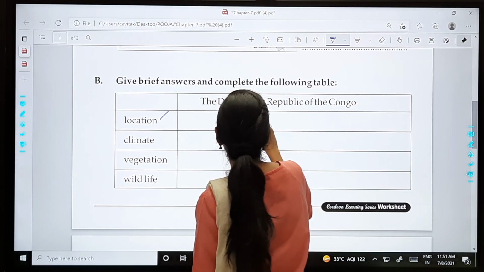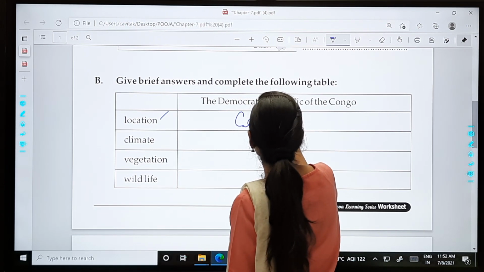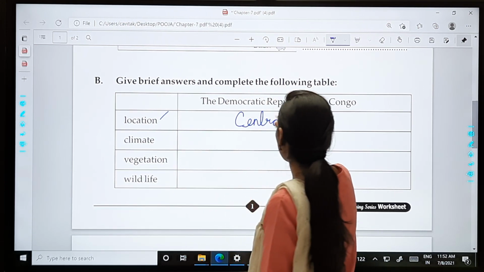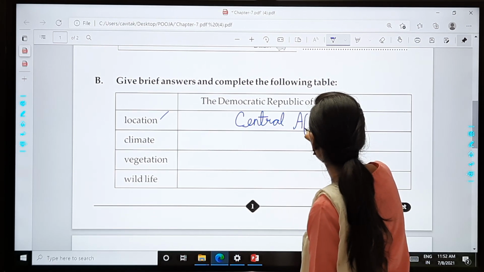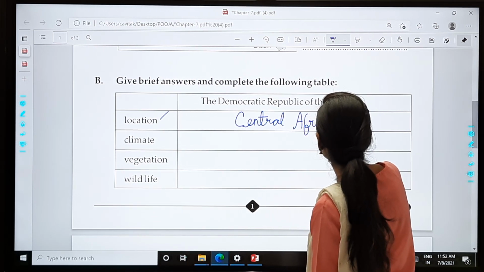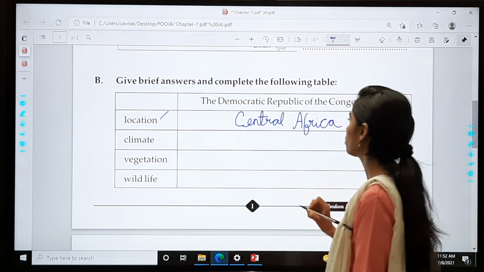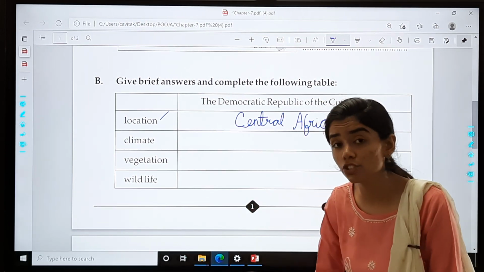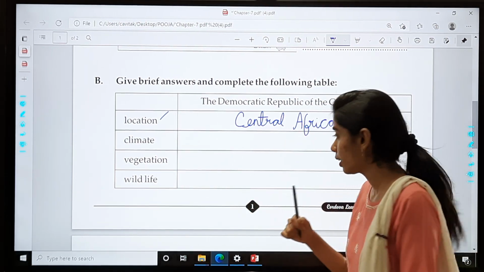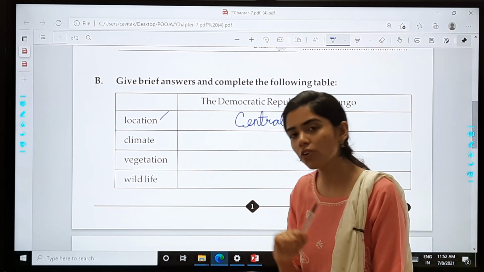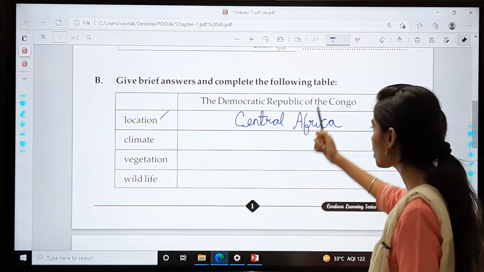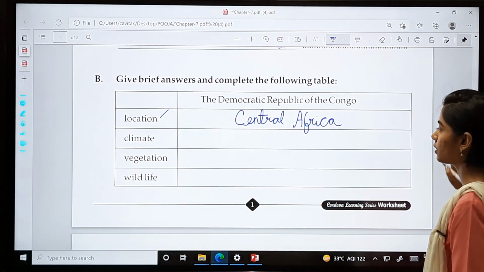So I'll write over here Central Africa. Okay. So in this way, the climatic condition of this country, then the vegetation also we have discussed, then the wildlife also. Okay, so this you have to write.